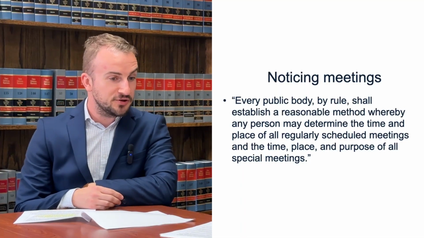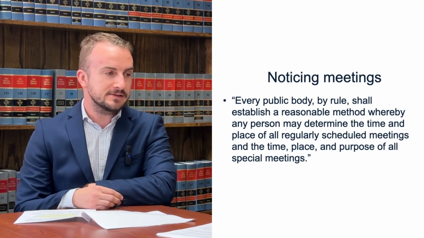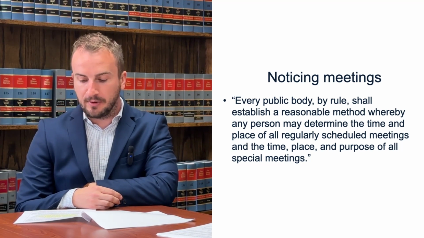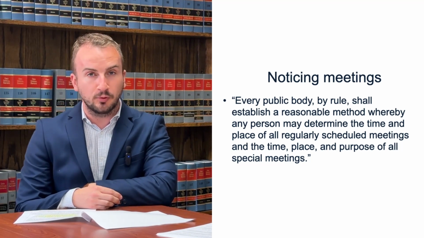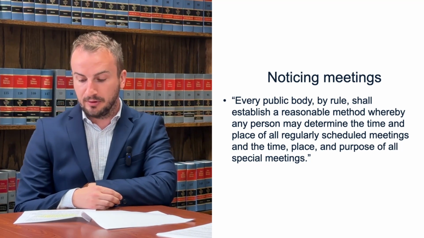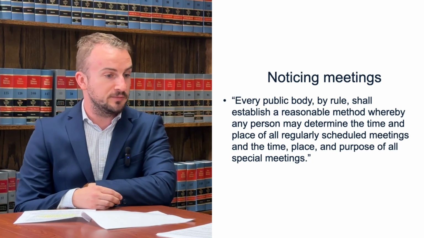As I'm sure you've noticed as well, there's been a lot of increased scrutiny around meeting notices, and we know that the Open Meetings Act requires school boards and other public bodies to establish by rule a reasonable method whereby any person may determine the time and place of a regular meeting, and the time, place, and purpose of all special meetings. The district can choose which reasonable method it uses.